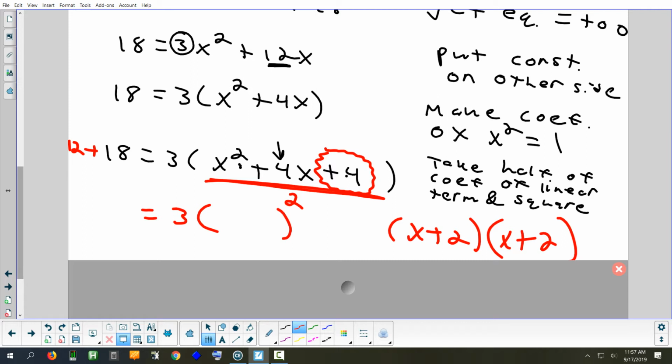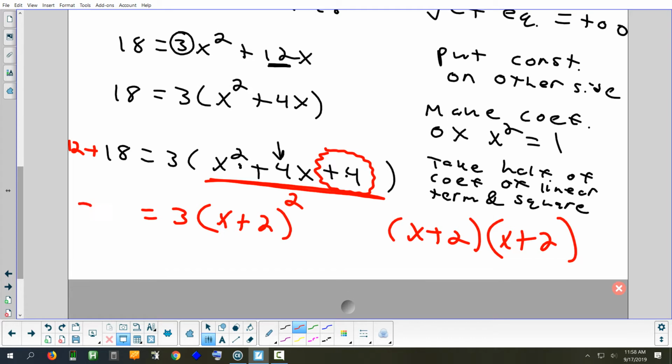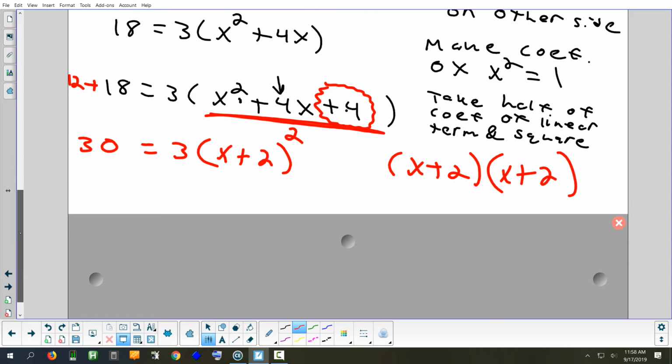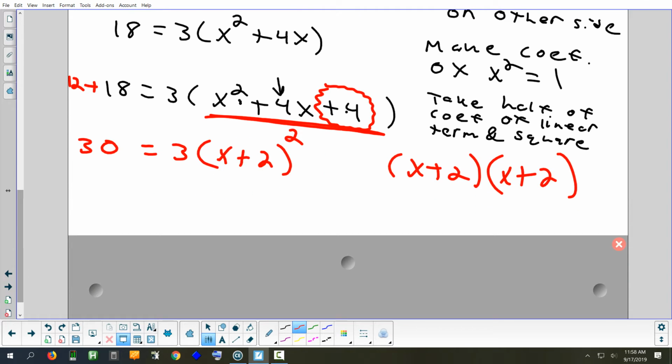That's always going to happen if you complete the square correctly. So the way we just write it is like this. X plus 2 squared. Now you can see a horizontal shift of 2 units. Couldn't tell that before. Now we can. And what's it equal to on the left-hand side? 30. That's basically my vertical shift. Just put it back on the other side.